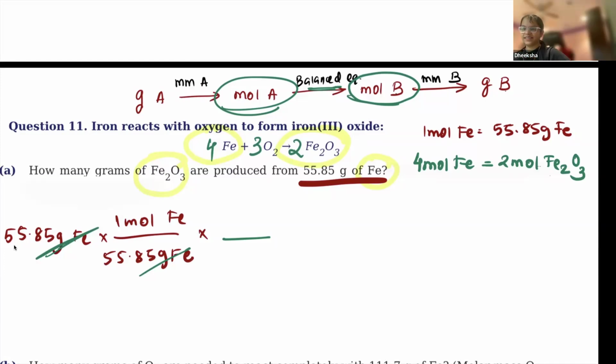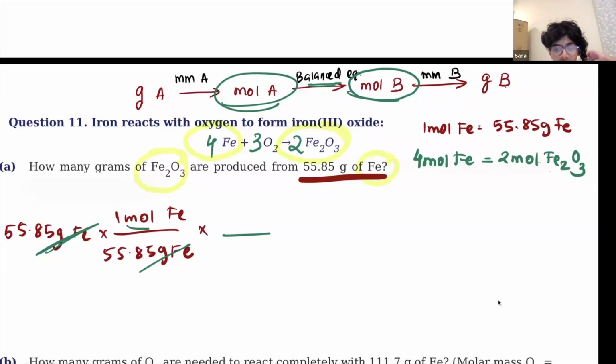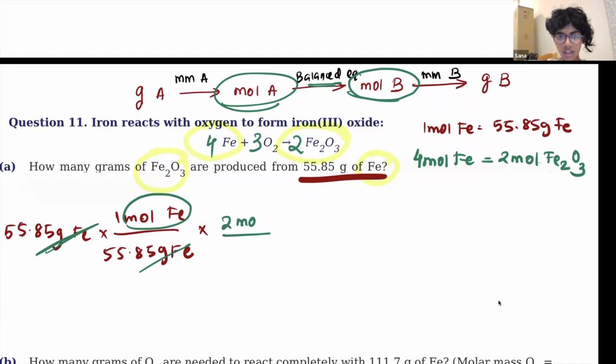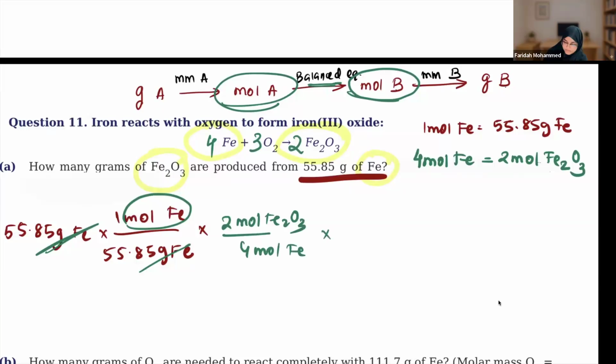Sorry, you're having trouble speaking. I think Sana can continue. Now what do we do, Sana? Now we have to cancel out that mole Fe. So we put 2 mole Fe2O3 on top and then 4 mole Fe on the bottom so that the Fe's cancel out. And now we want to convert back to grams.